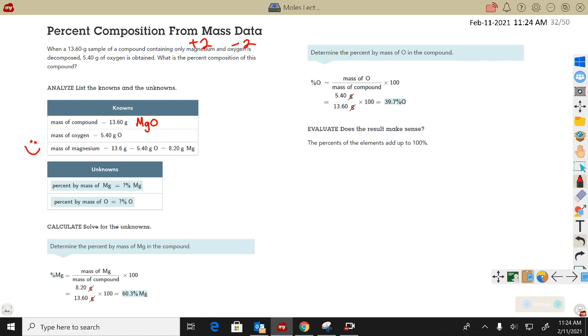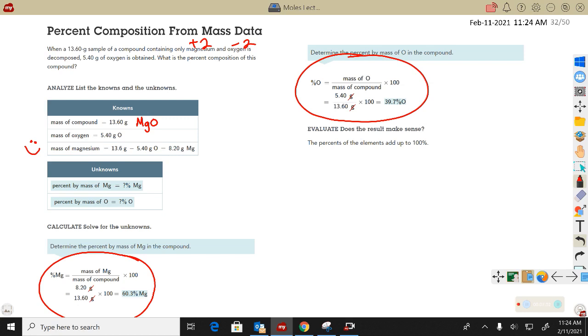Okay, so there's a couple ways to attack this, but at some point, we're looking for this. We want to do a percentage as mass of an element divided by mass of the compound.